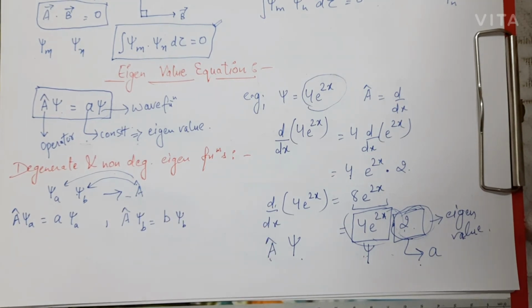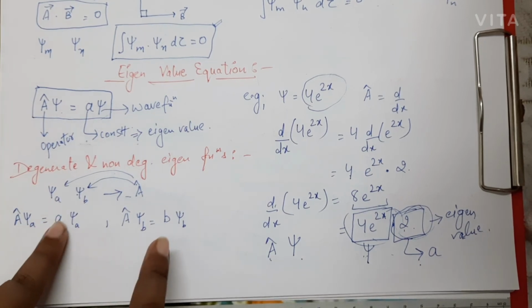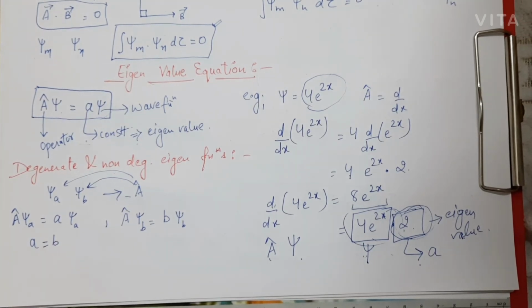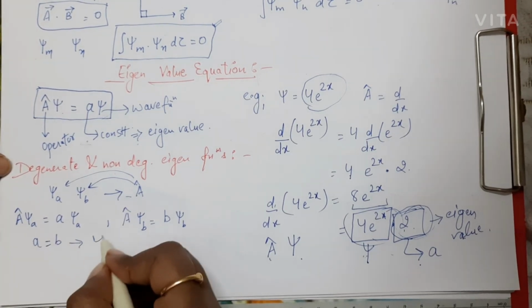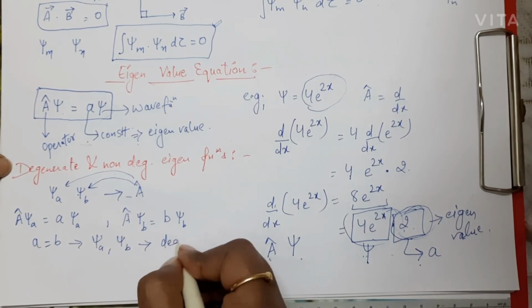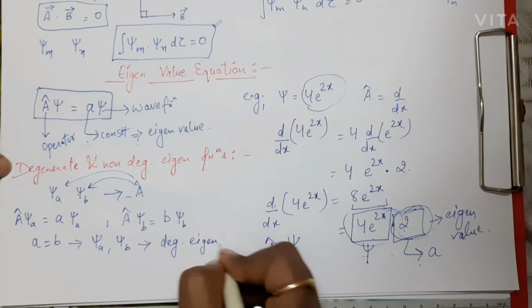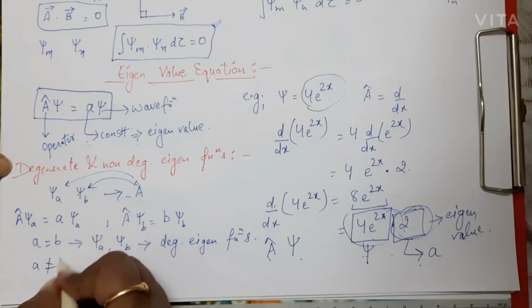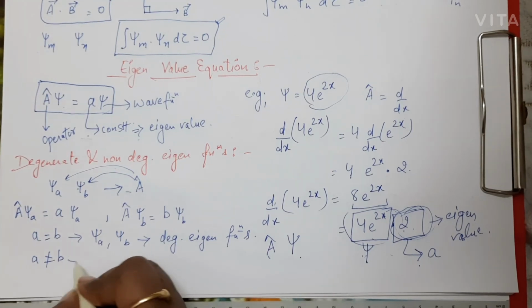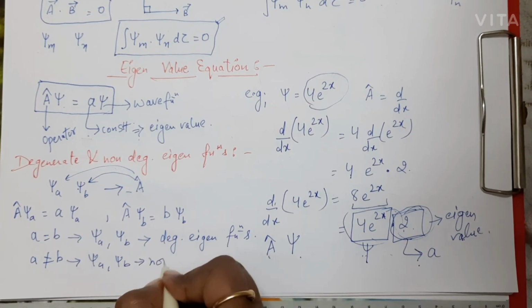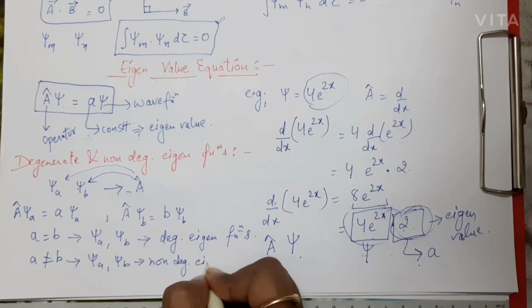So what happens if this a and b, after solving, come out to be equal, then eigenfunctions psi a and psi b are called degenerate eigenfunctions. And if a is not equal to b, then psi a and psi b are non-degenerate eigenfunctions.